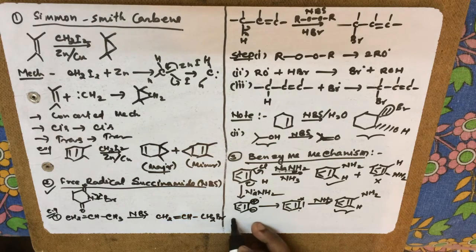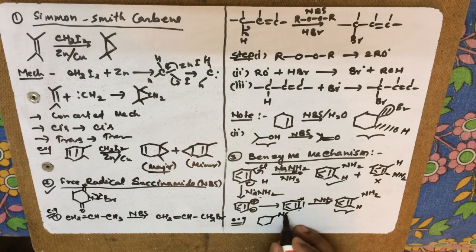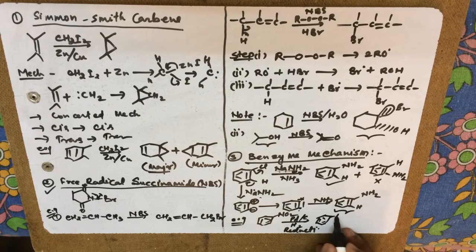So if we see an example, you have this product, okay, and next to it is basically reduction. Okay, so you will get this. So okay, hopefully you guys understood three reactions: benzyne mechanism, free radicals with succinimide, and base.